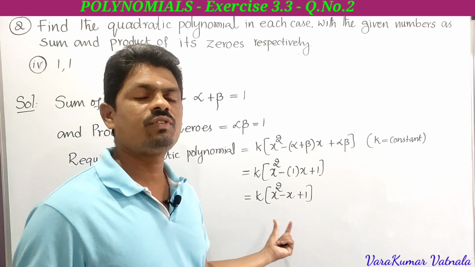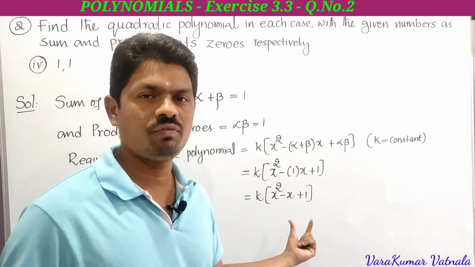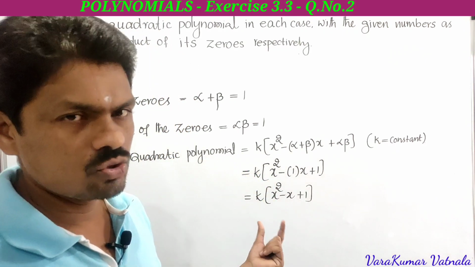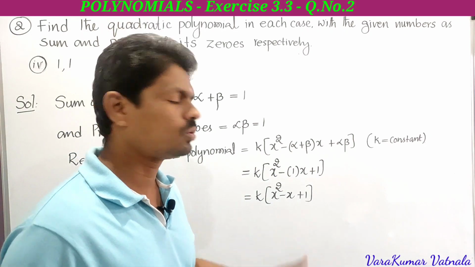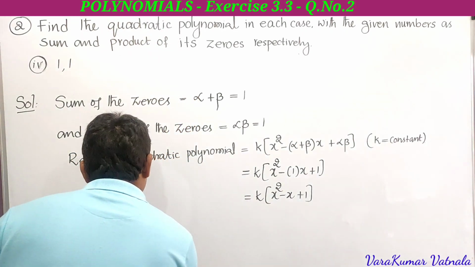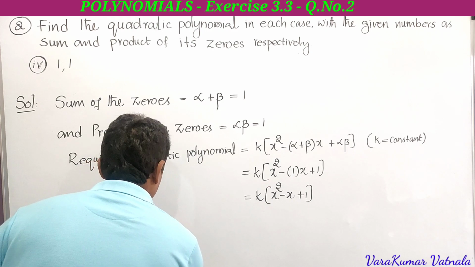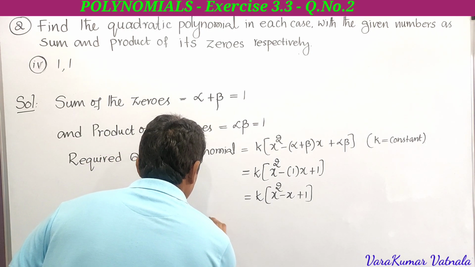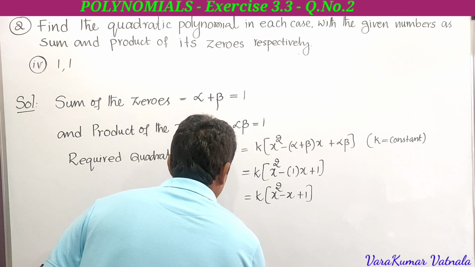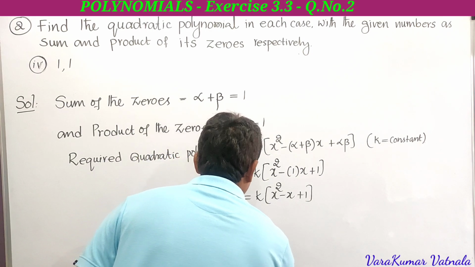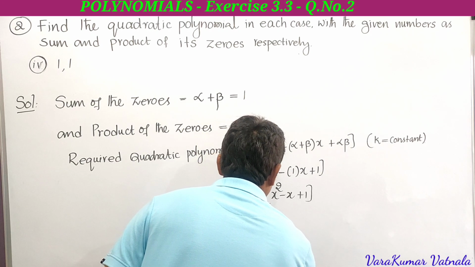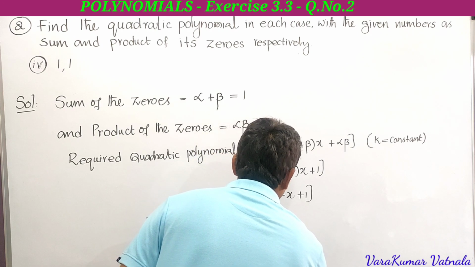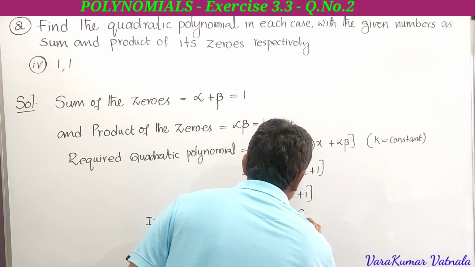By substituting different values for k, we can get different quadratic polynomials. So now I am substituting k is equal to 1. So if k is equal to 1, then the quadratic polynomial is equal to 1 into x square minus x plus 1.